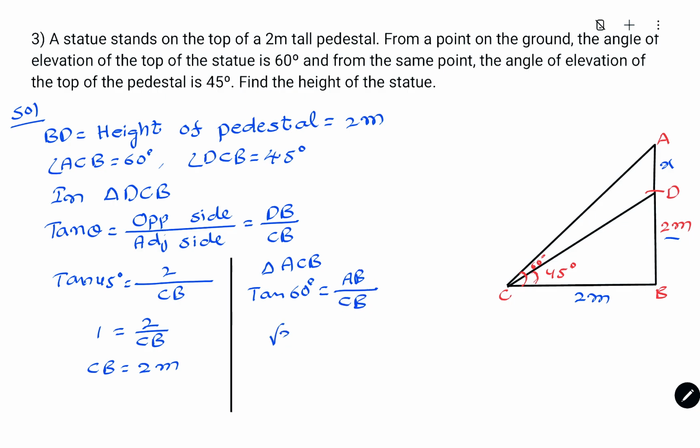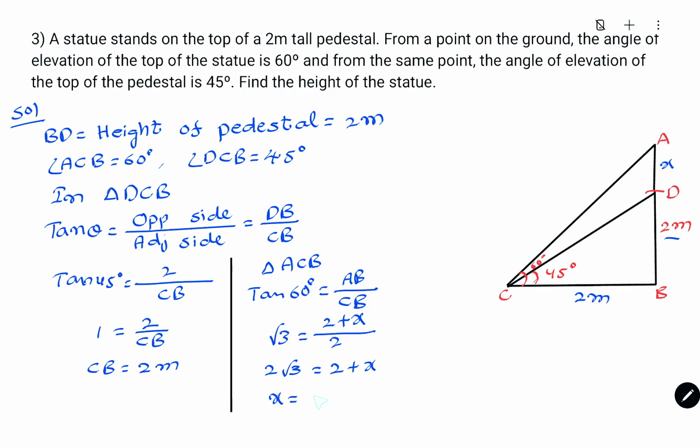Tan 60 is √3. Here we don't know AB. Here AB is 2 plus x, CB is 2. Now transpose 2 from RHS to LHS. Then here 2 into √3 equals 2 plus x. Transpose 2 from RHS to LHS. This will be subtraction.